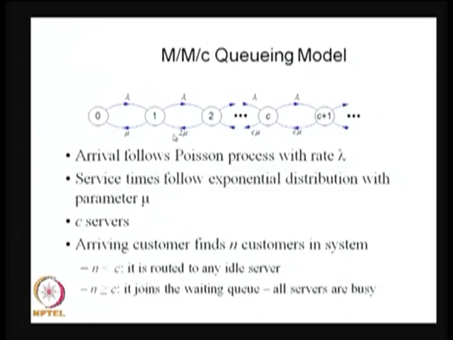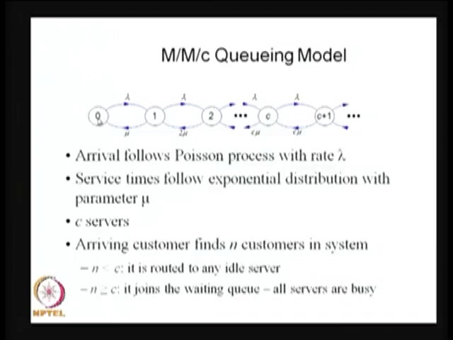So, it is a discrete state continuous time stochastic process, and the system keeps moving into different states because of either an arrival or a service completion from any one of the C servers.